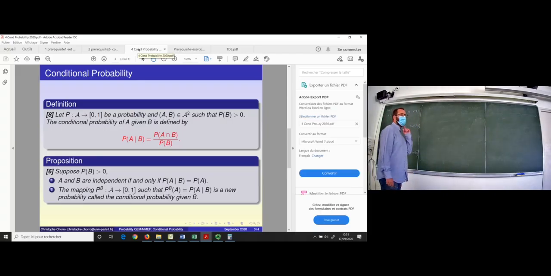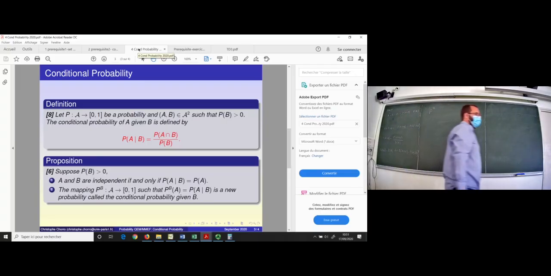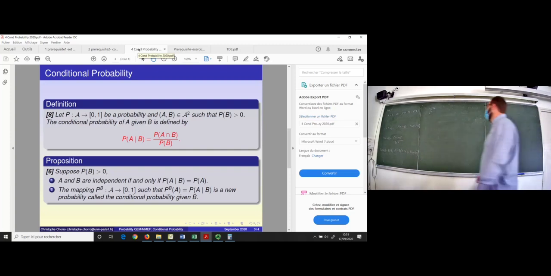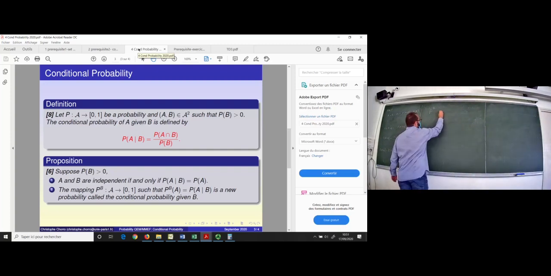So in the second statement, we say the following. I define a new mapping that I call P_B, P to the power B, that is a mapping from A into [0,1] that is defined this way.